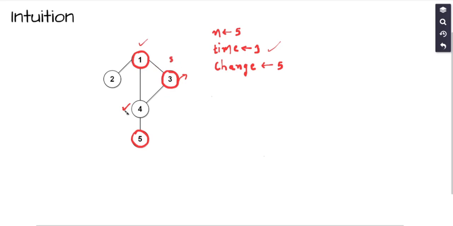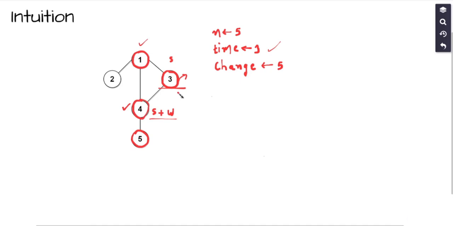Then to perform the relaxation over node number 4, all I have to do is put s plus the edge weight w. I'm already assuming that if I am picking a node out of the priority queue, it has the shortest distance. So we have already calculated the shortest distance till node number 3, and now I'm calculating the shortest distance till node number 4 using it.